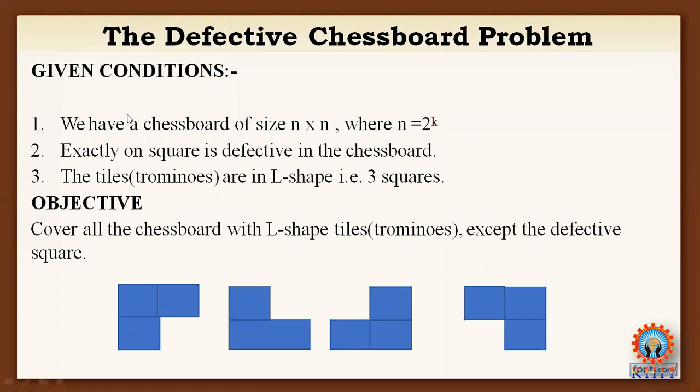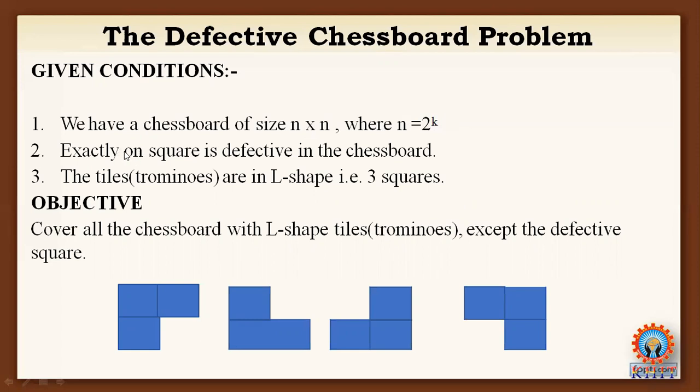The chessboard size is n by n, which means that the chessboard contains n rows and n columns, and the total number of squares for an n by n chessboard, where n equals 2 power k, is 2 power k.